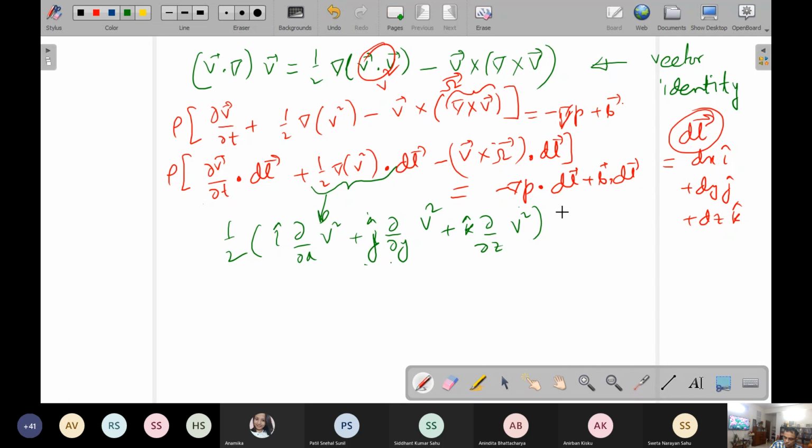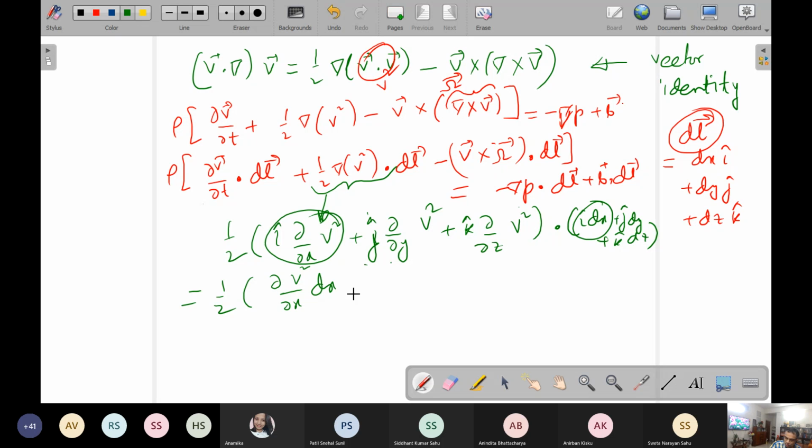So when we write this with dot of, so this will be half of, so i dot i is 1, j dot j is 1 and k dot k is 1. So it will be simply, that is this term with this term. So this one.